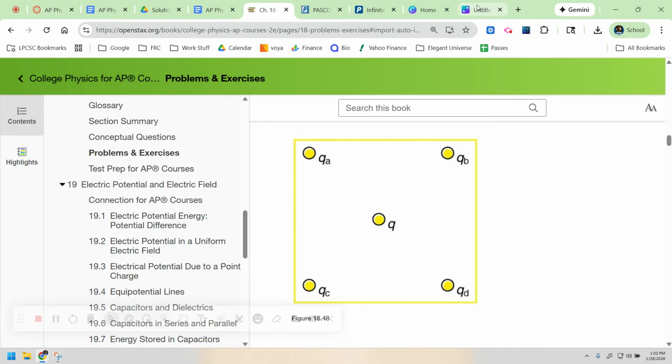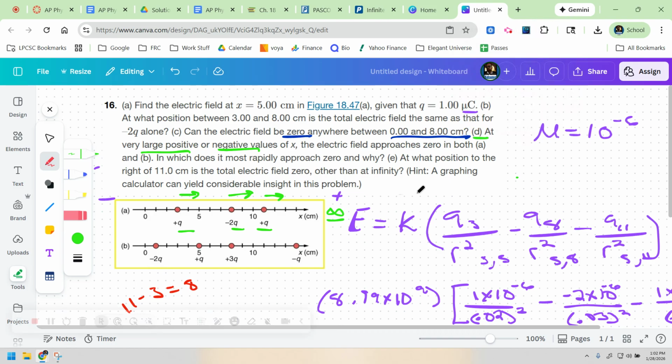So for B, let me just go back here. They're saying for A and B. So now they're saying, well, this is what happens here for A. For B, the electric field is a little more rapid because if I approach infinity here, because of the charges, and we'd have to do the math on this, this would approach it faster, right?